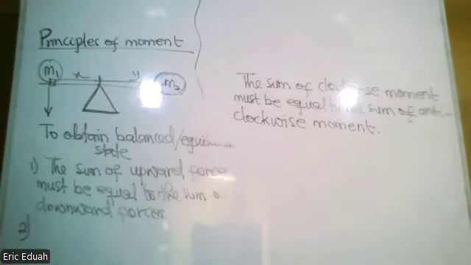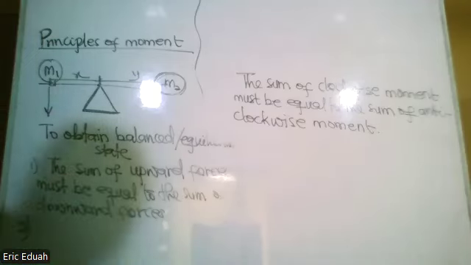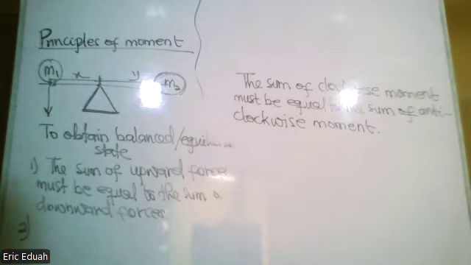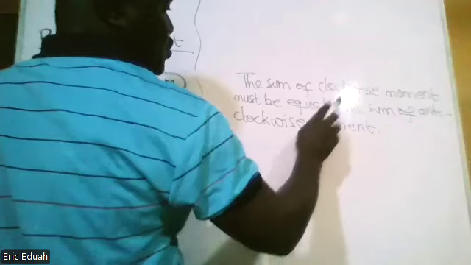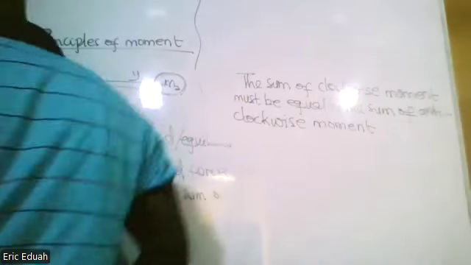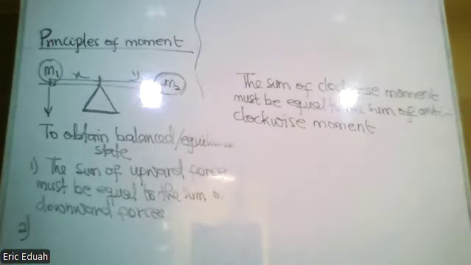That's the second principle of moments. For that balance or equilibrium state to be obtained, the sum of clockwise moments must be equal to the sum of anti-clockwise moments.